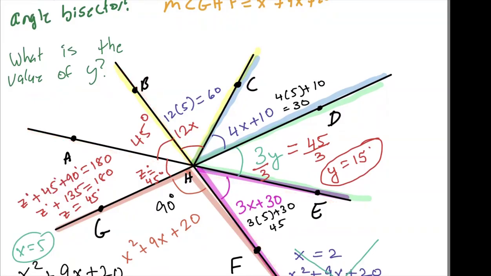Let me change the color of my laser. See, blue. This was my x. When I found my x value and plugged in, this angle measurement was 45. I know because these two angles are vertical, and if this angle is 45, this has to be 45 also.